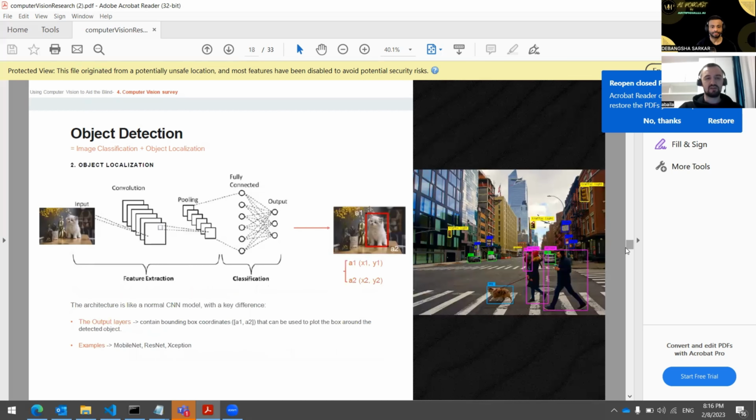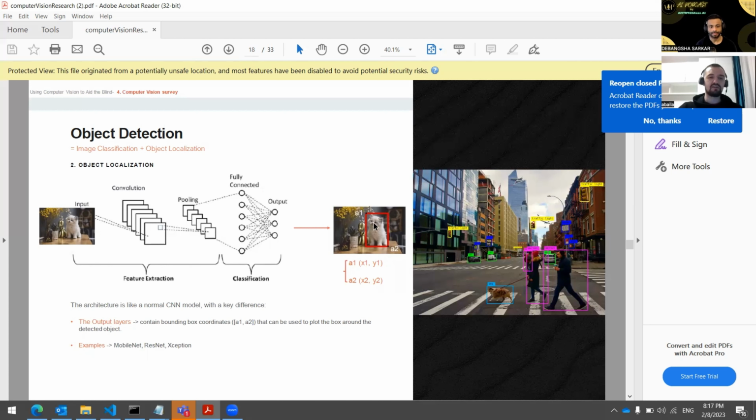Next, we have object localization. It is basically the same thing. But here, instead of the output being a set of probabilities, it is basically some bounding box coordinates that are used to plot a box in the image so that the object is located in the image.